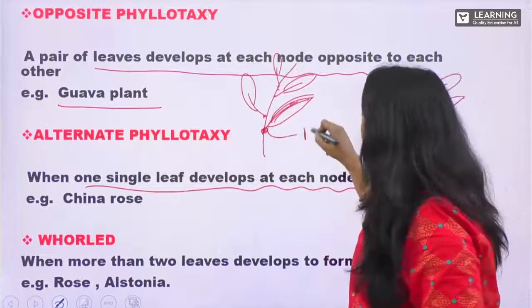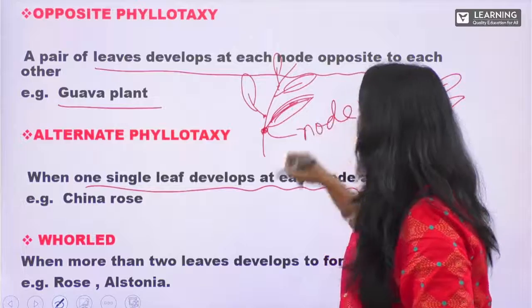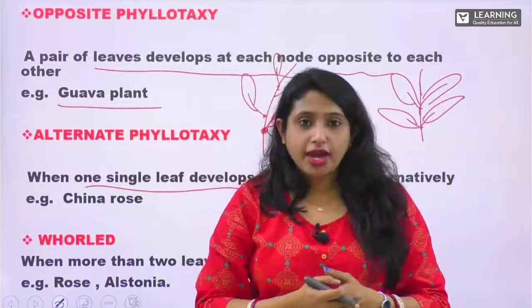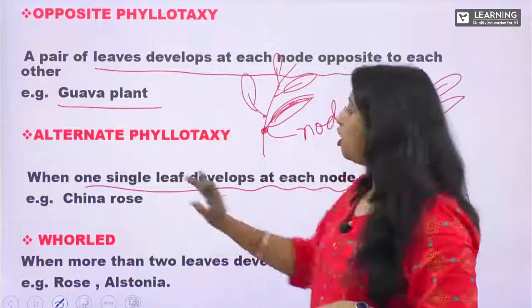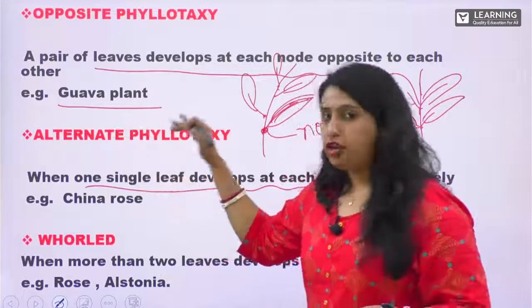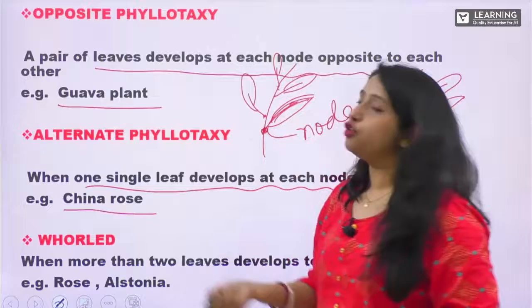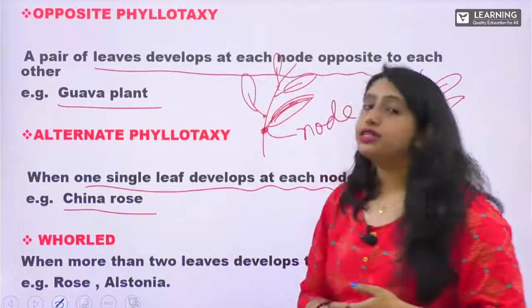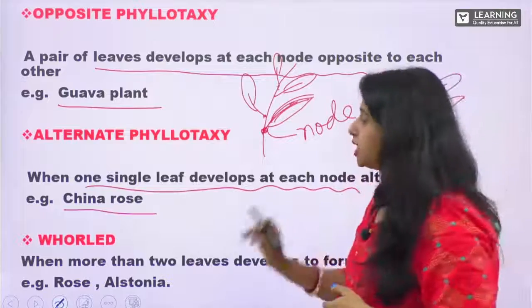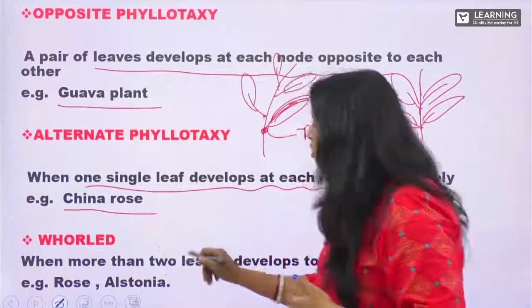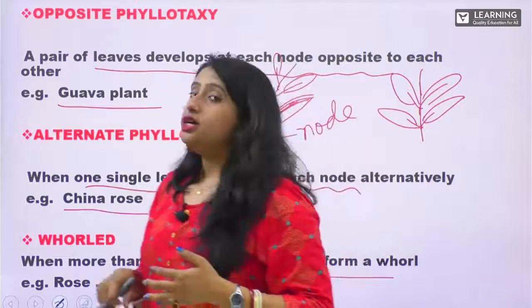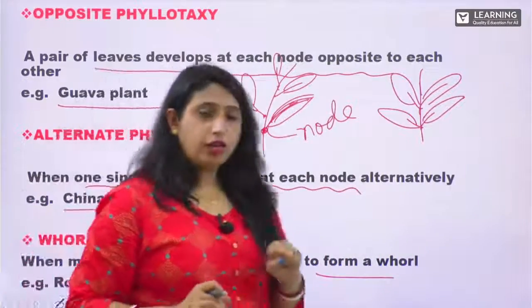So when one single leaf develops from each node, arranged in an alternate manner, we call it alternate phyllotaxy. We see it in case of rose or China rose. Next is your whorled phyllotaxy. We have seen that when two or more leaves develop to form a whorl, that is known as your whorled phyllotaxy.